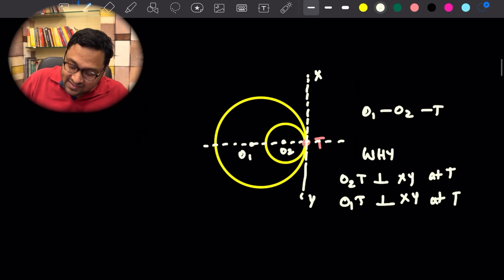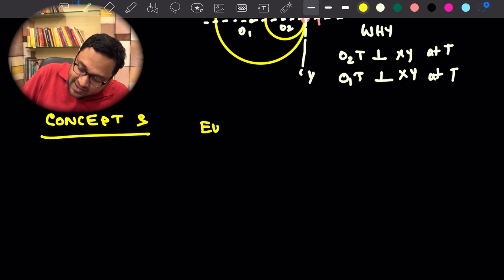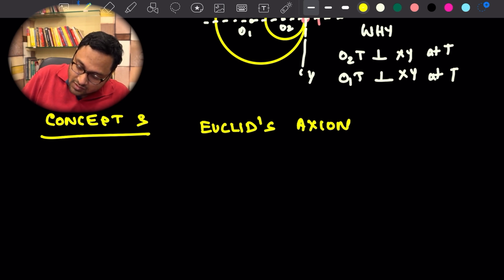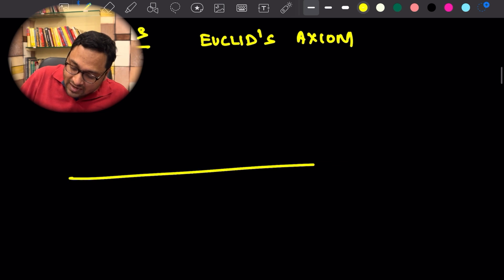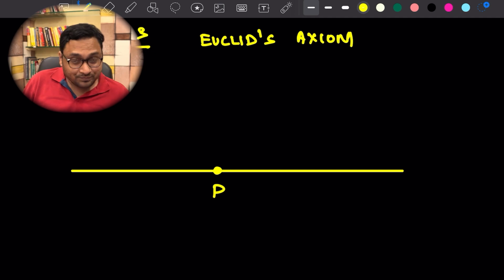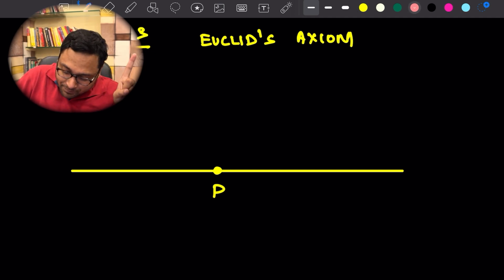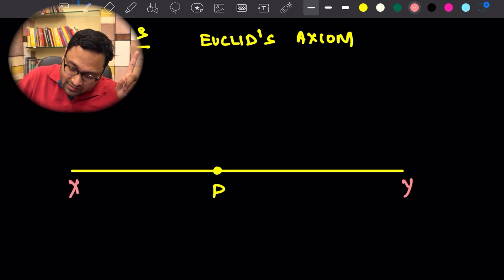Why is that? This is because of the third concept, which is concept 3, which is Euclid's axiom. This axiom says that if you have a line and a point on the line, let's call it P, then there is only one line that is perpendicular to XY passing through P. Or let's call it T because that's what we have called it earlier.